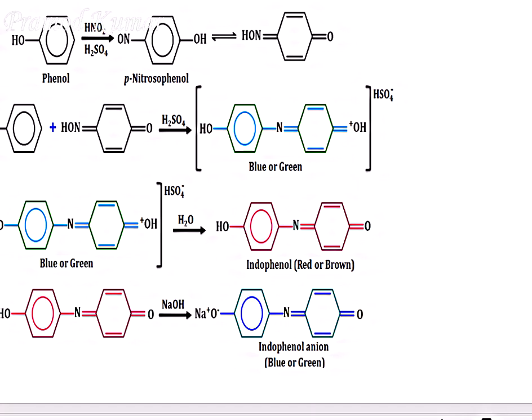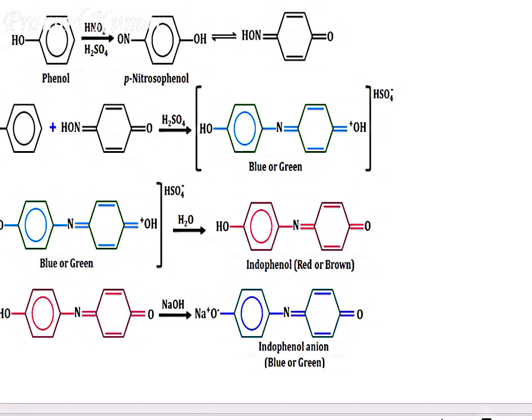This undergoes resonance stabilization, so this will undergo resonance and you get your quinone oxime form, O and NOH. So this nitrosophenol will undergo resonance and you will get this particular intermediate.